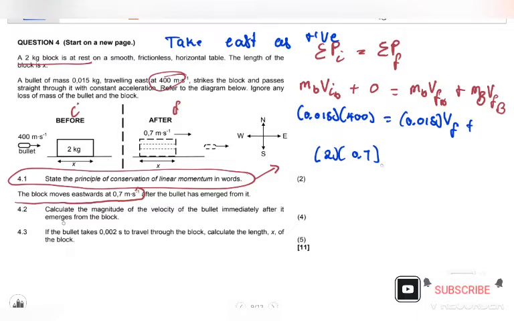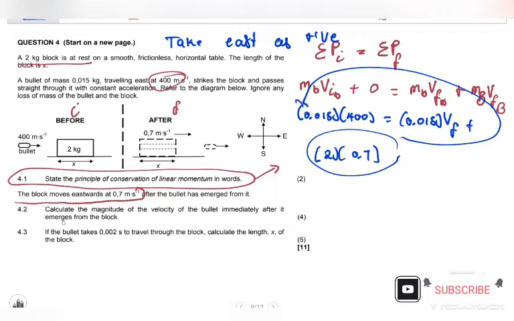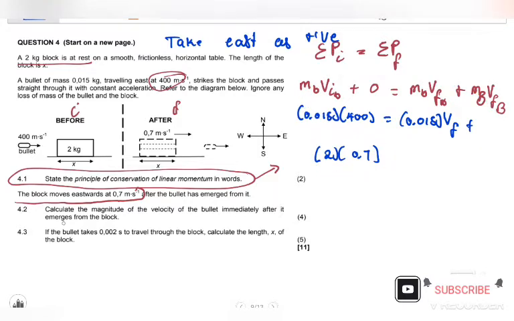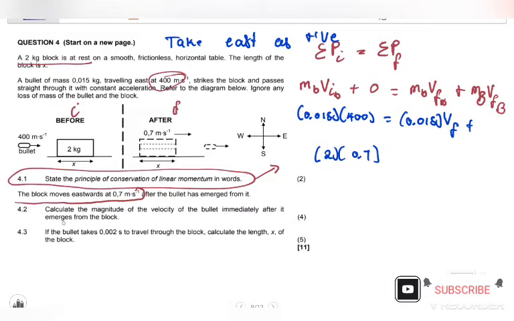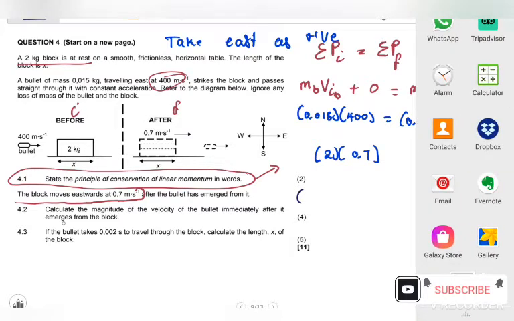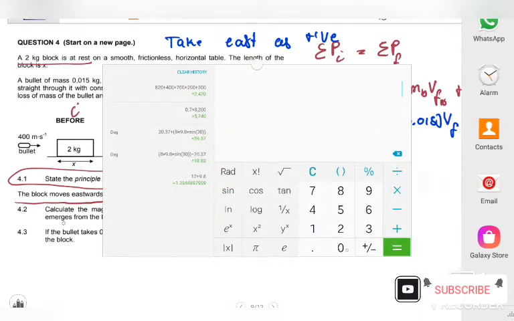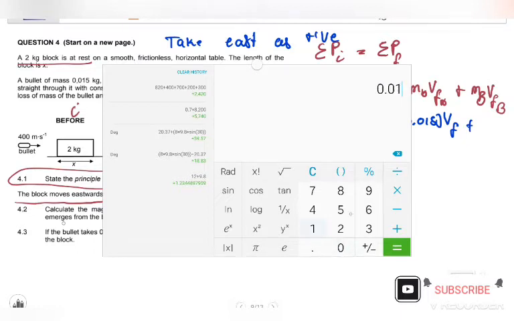Okay, so here, this is on this side, but it was supposed to be here. If we take this and jump it to this side, it's going to be negative, right? So if I rewrite that, let me use a different color. It's going to be 0.015 multiplied by 400. Let's bring our calculator. 0.015 multiplied by 400 is 6.